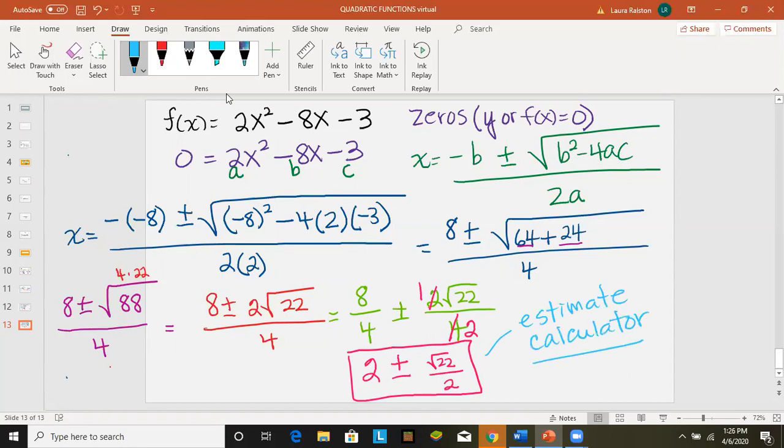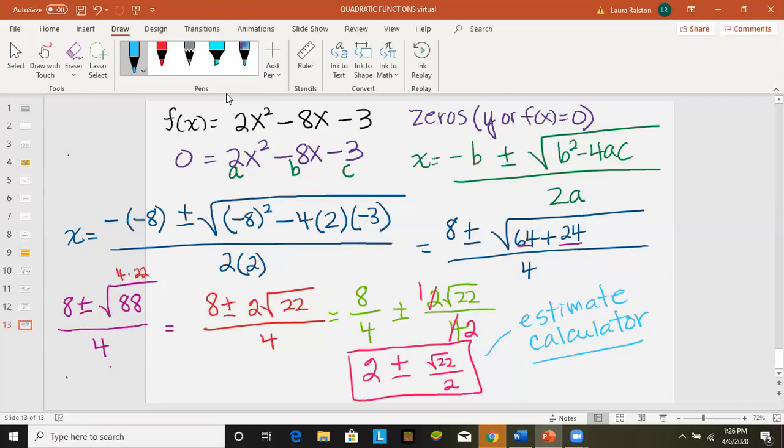Now, since I'm using my daughter's computer, I don't actually have the graphing calculator on this computer. So you can go out to your graphing calculator and you would type the number 2 plus parentheses square root 22, get out from underneath the radical, divide 2, close the parentheses, and hit enter.